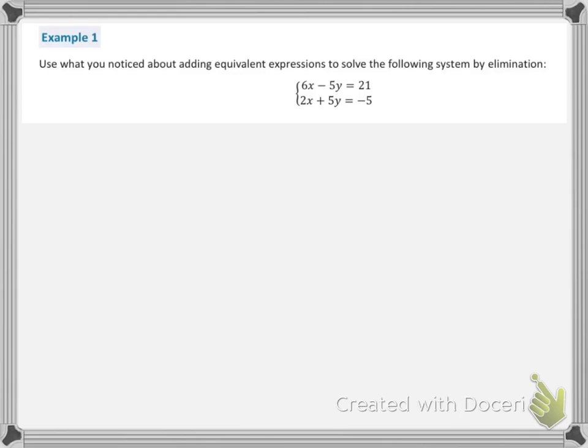We're going to use what we noticed about adding equivalent expressions to solve the following system by elimination. Elimination means that we're trying to get rid of one of these variables. If I can get rid of the x or the y, then I can solve for the one that's left over.